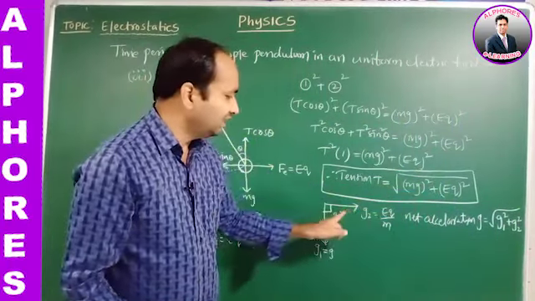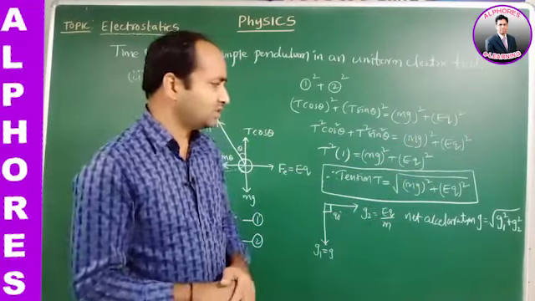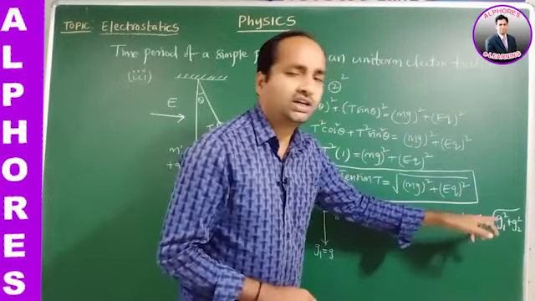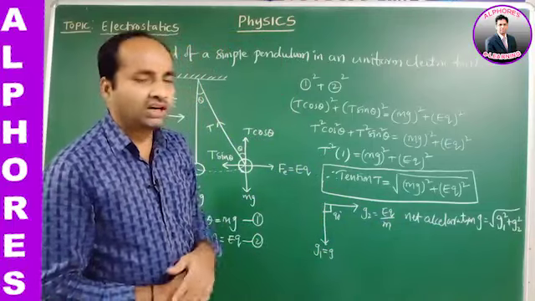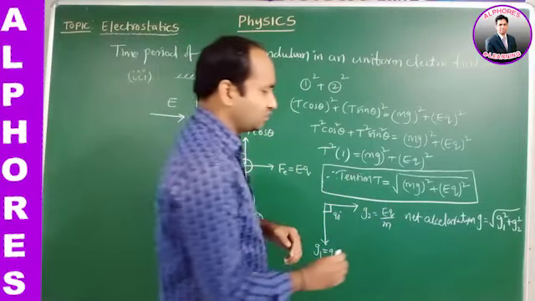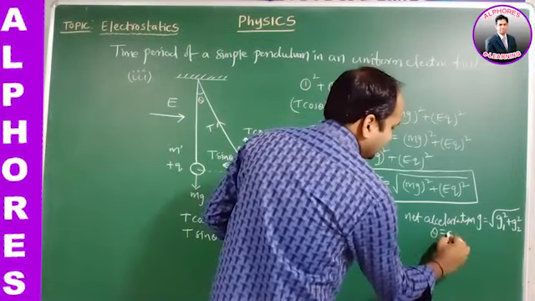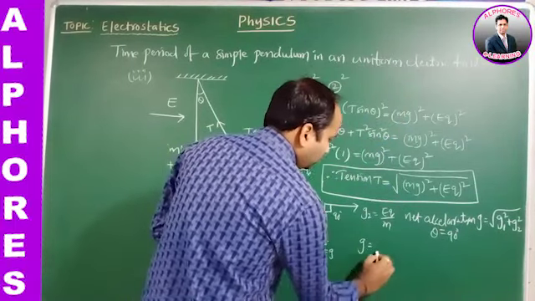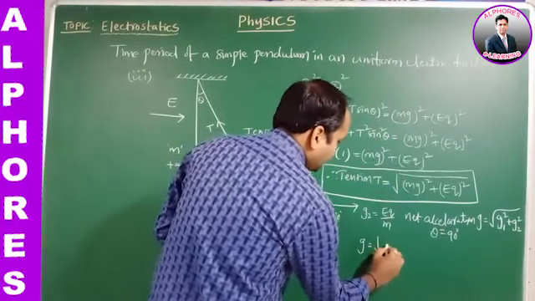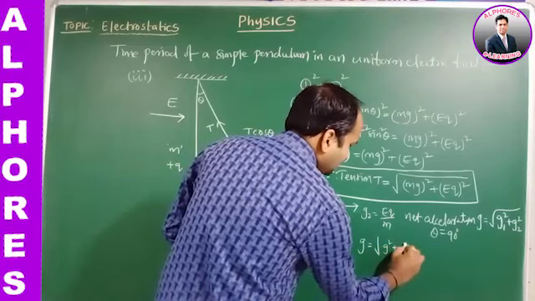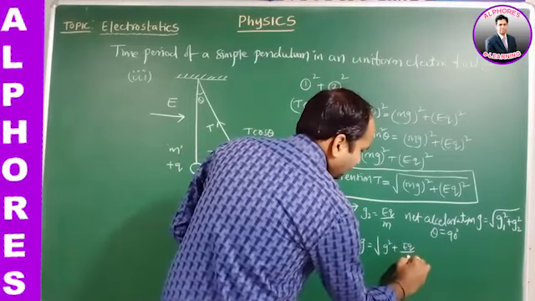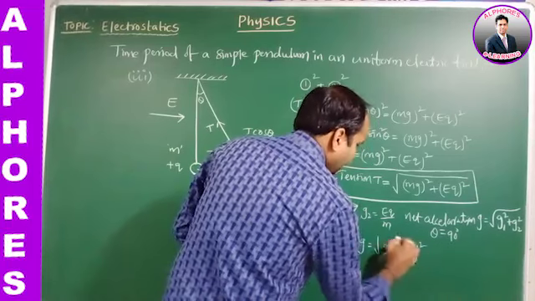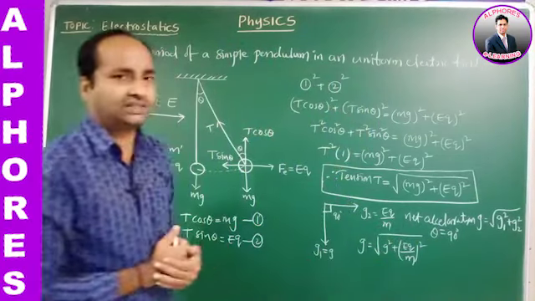Cos 90 is 0, so the third term becomes 0. So g is equal to the square root of g1 squared plus g2 squared, because theta is 90 degrees here. So we may write g is equal to the square root of g squared plus (Eq by m) whole squared. This is the net acceleration.